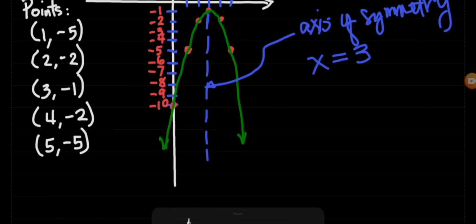And for the domain, negative infinity to positive infinity.